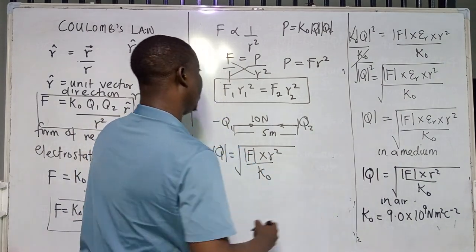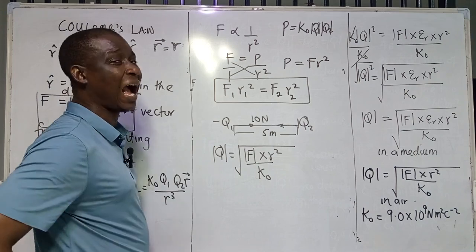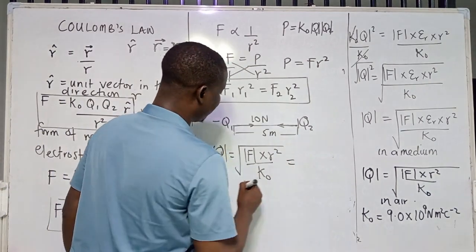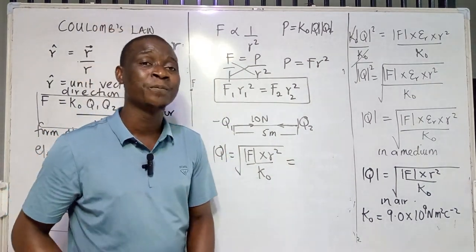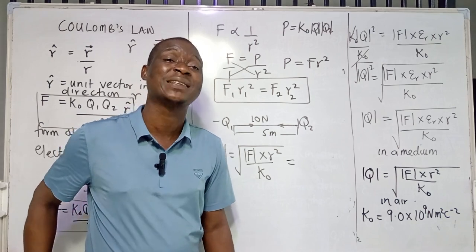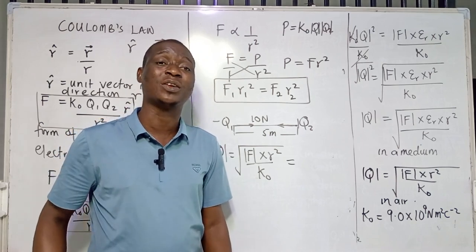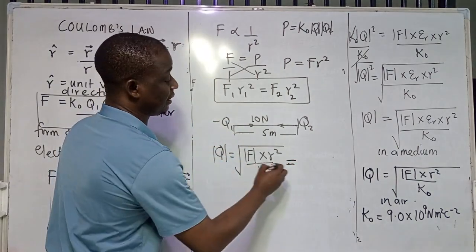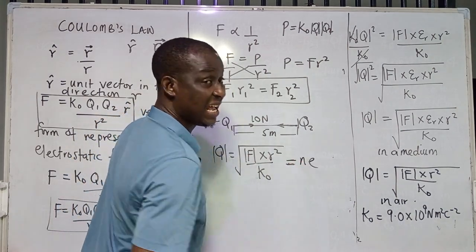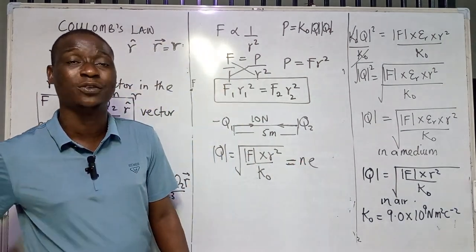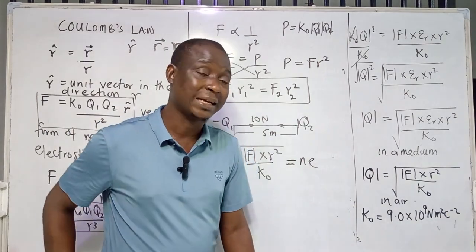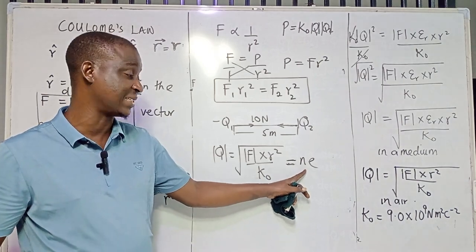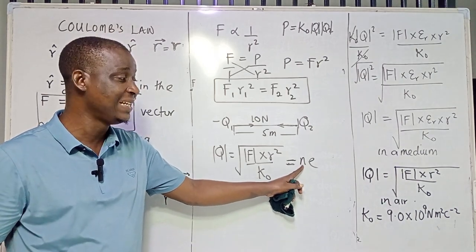Don't forget, they can ask you to find the number of electrons, because remember that Q equals Ne when we were talking about the principle of quantization in part 1 of this class. We talked about the principle of quantization, and I told you Q equals Ne, where N can be 0, plus or minus 1, plus or minus 2. And I told you quarks are an exemption. Go and watch. They are exempted from the principle of quantization. So this formula can be related to that.